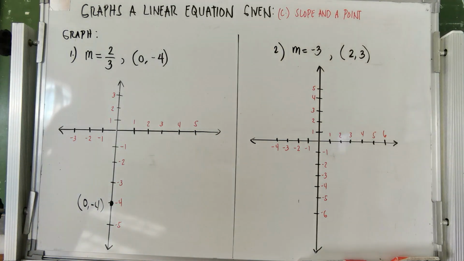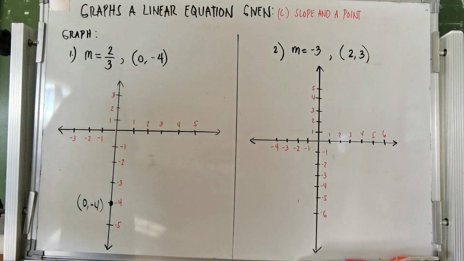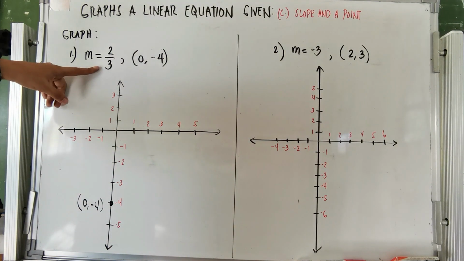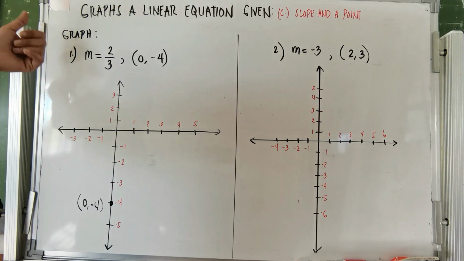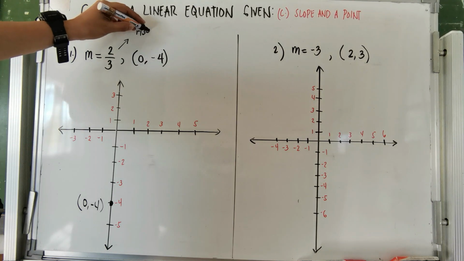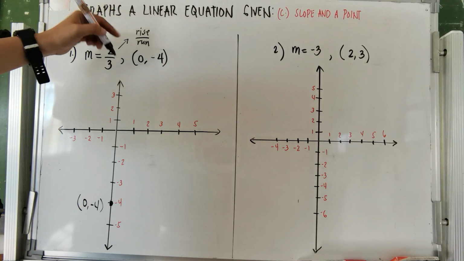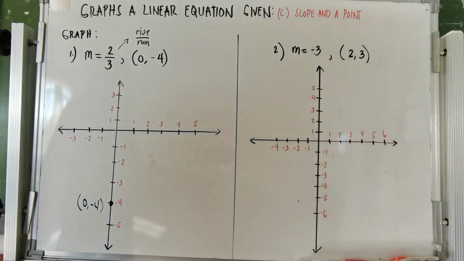Okay, now after you plot the given point, we will now get the second coordinate by using our slope, which is yung pinag-aralan natin last time na rise over run. Ipe-perform lang ulit natin yung rise over run para malocate natin nasaan yung ating second coordinate.